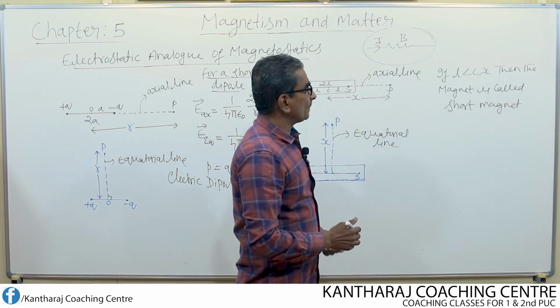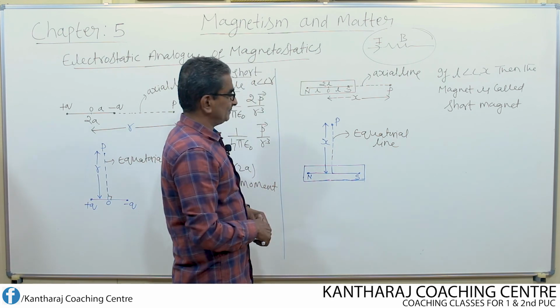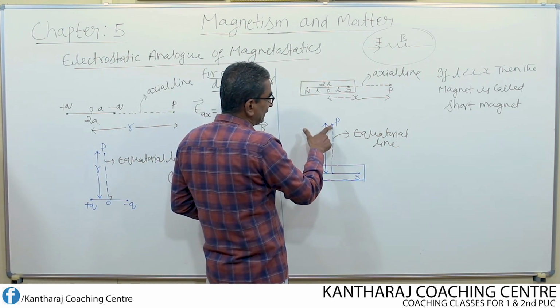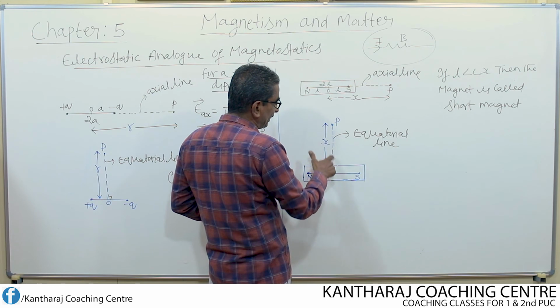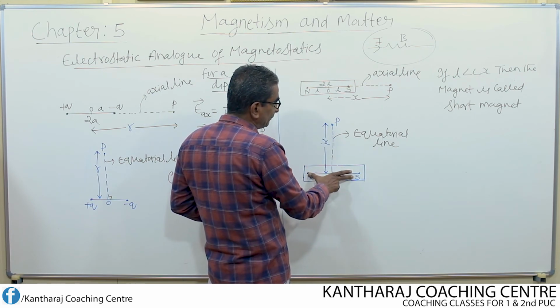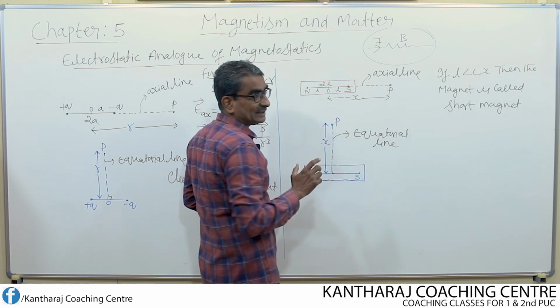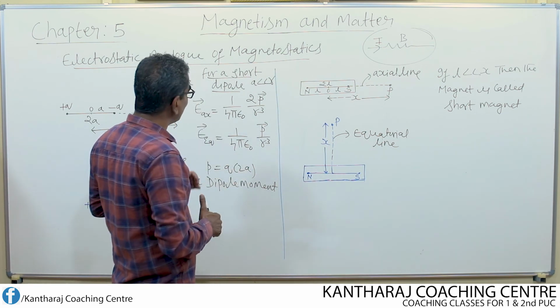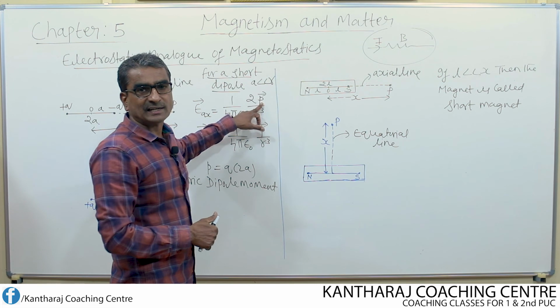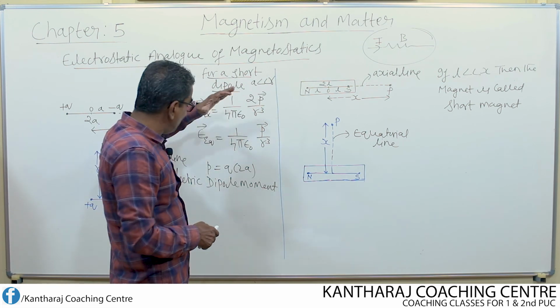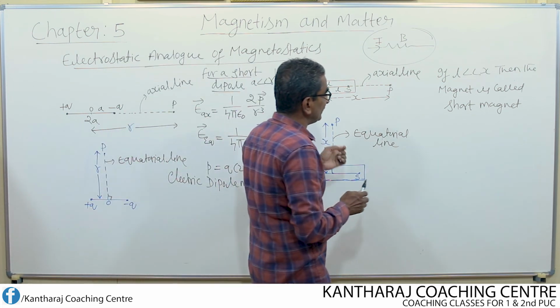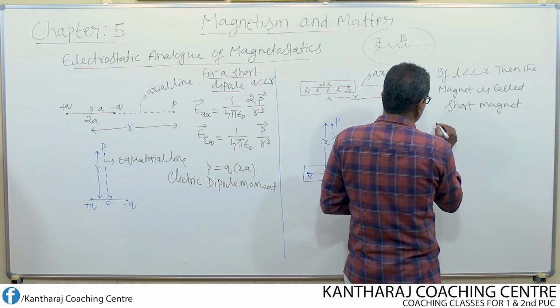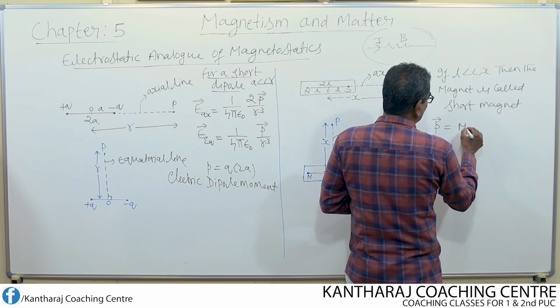Now what is the equation for the magnetic field at a point P on the equatorial line of this magnetic dipole? That can be obtained by simply replacing the electric dipole moment by the magnetic dipole moment.